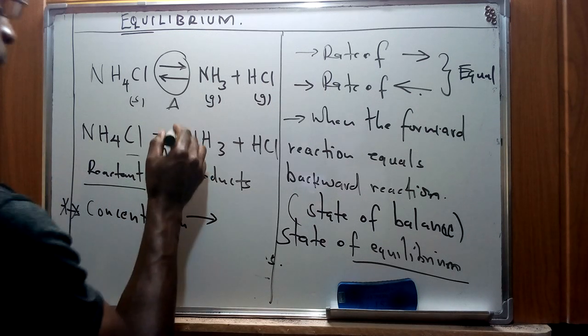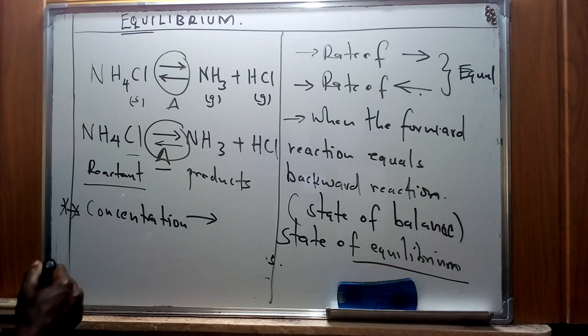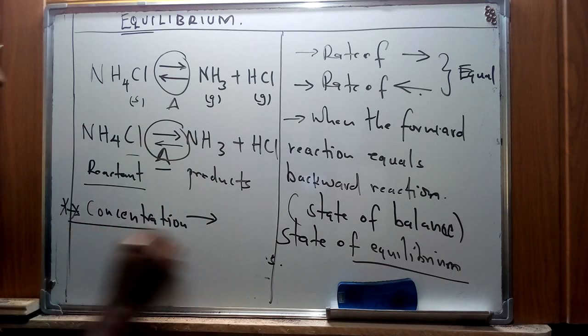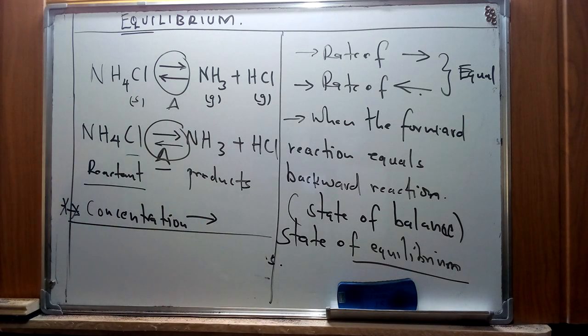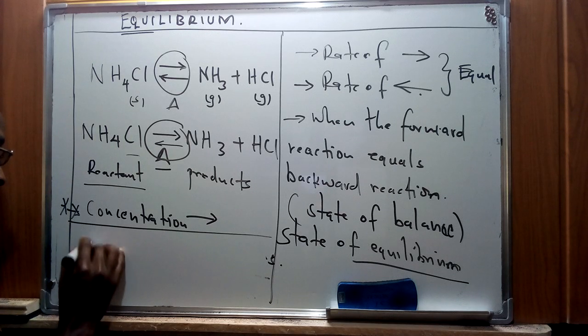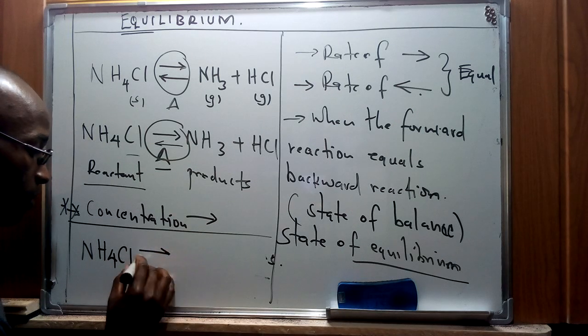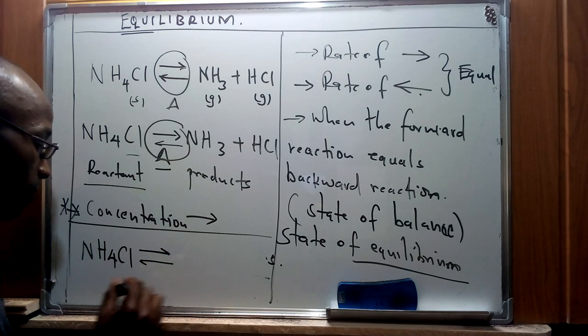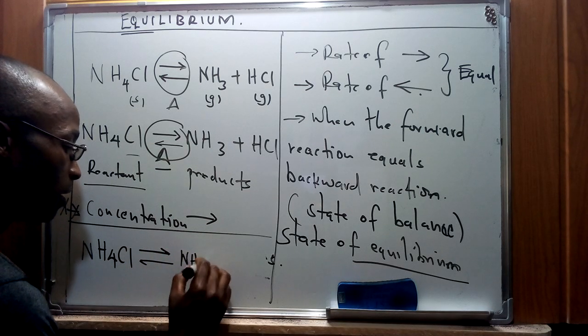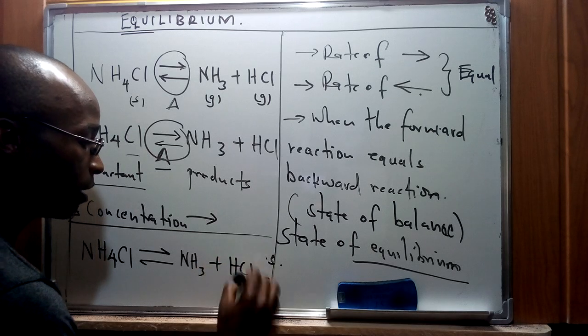Now, different from this specific representation, we're going to represent an equation that is showing the point of equilibrium, or maybe a reversible reaction that is in equilibrium, that is going to be written as NH4Cl, half arrow for reverse, and then there's a formation of ammonia plus HCl.